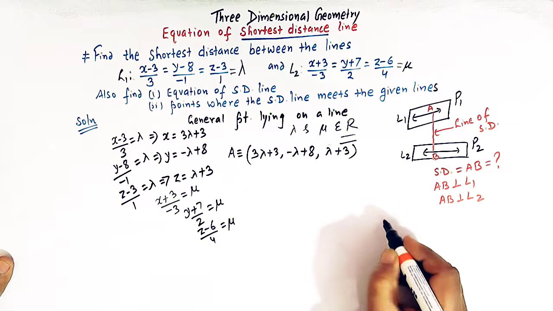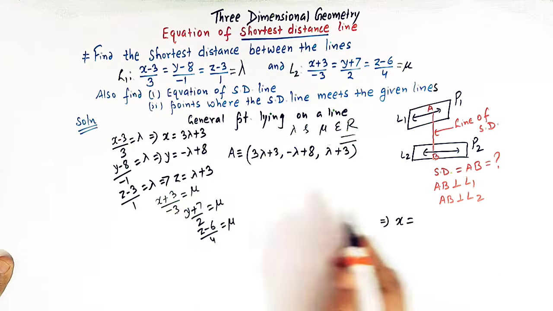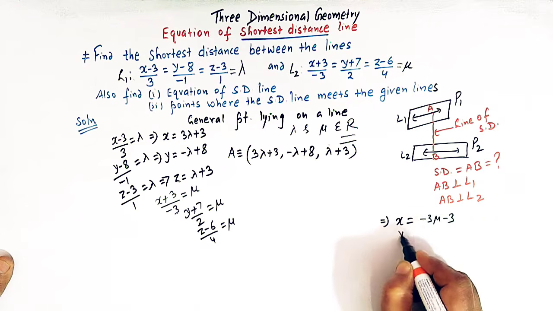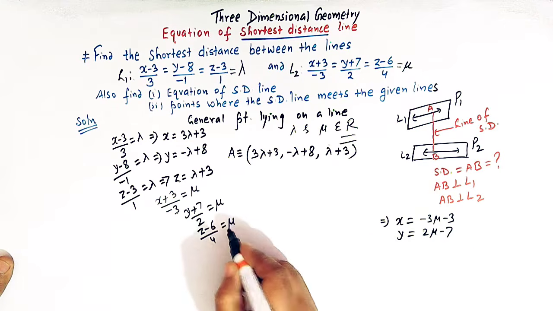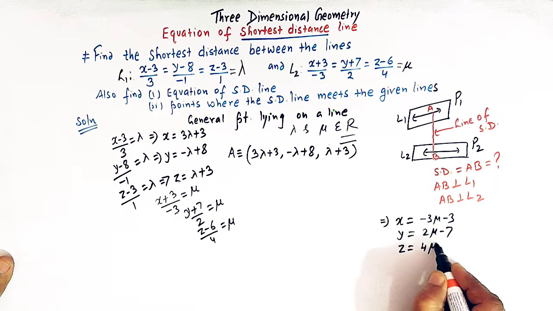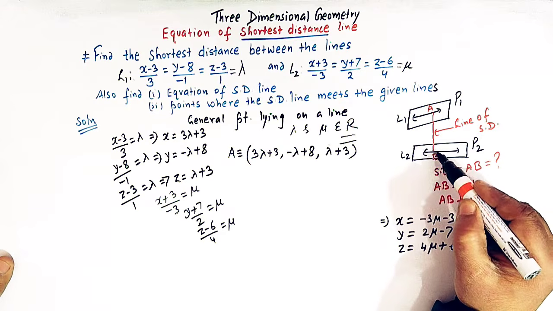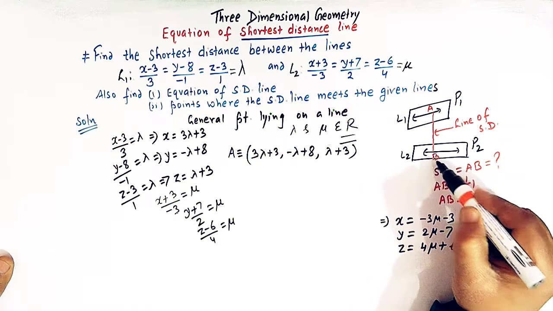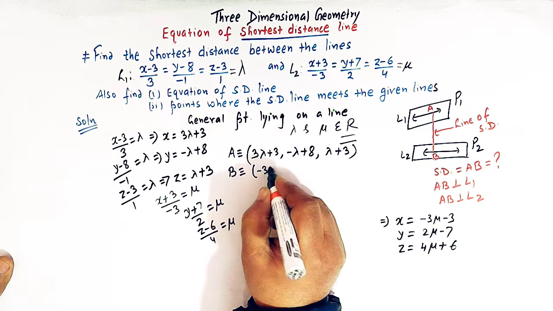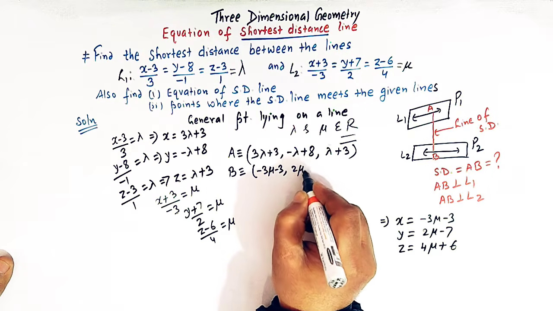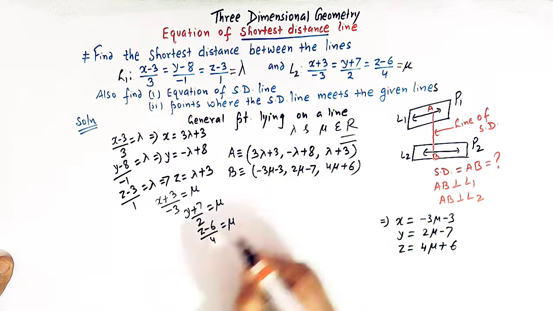So we can now write x is equal to minus 3 mu minus 3, y is equal to 2 mu minus 7, and z is equal to 4 mu plus 6. So the coordinates of the point B may be taken as (minus 3 mu minus 3, 2 mu minus 7, 4 mu plus 6).